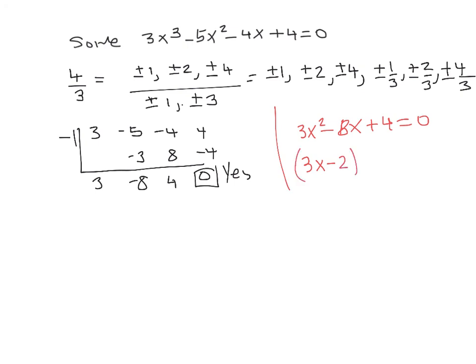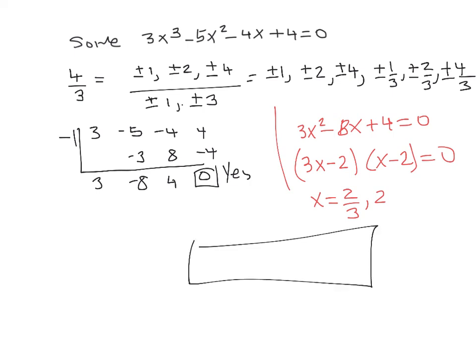I get 3x minus 2, x minus 2 equals 0, which means x equals 2/3 and 2. And now, what are the solutions? The roots are going to be 2/3, 2, and which one did we try? -1. Okay, so those are the answers.